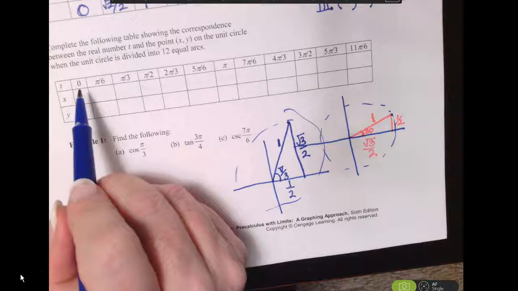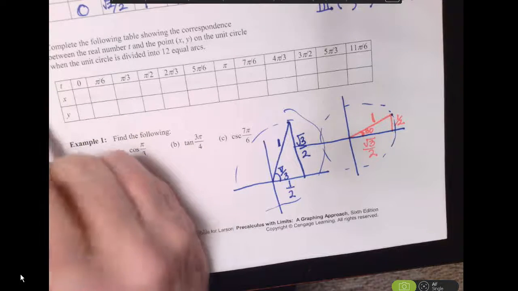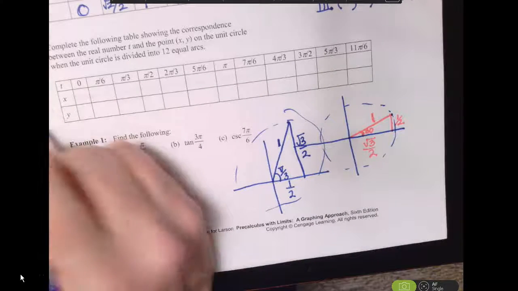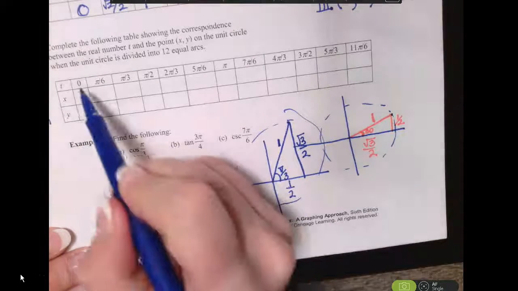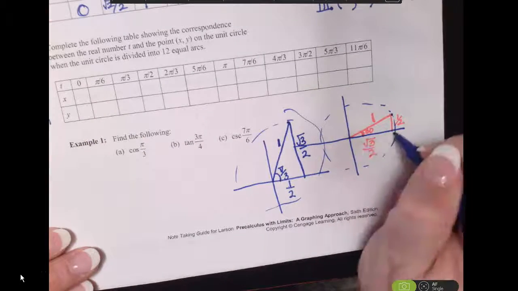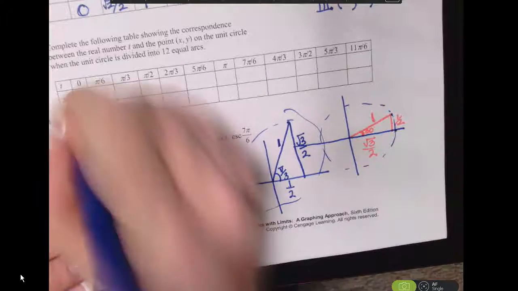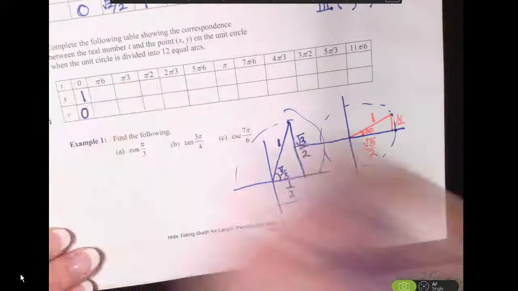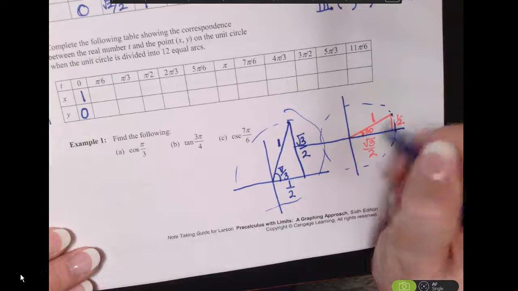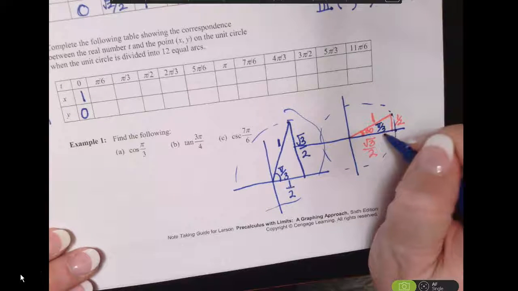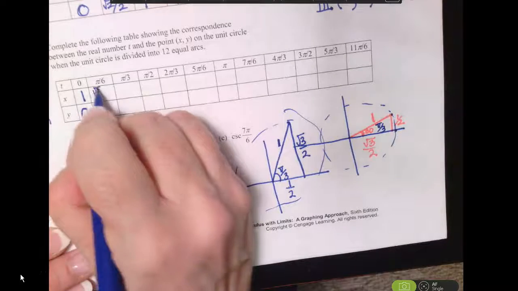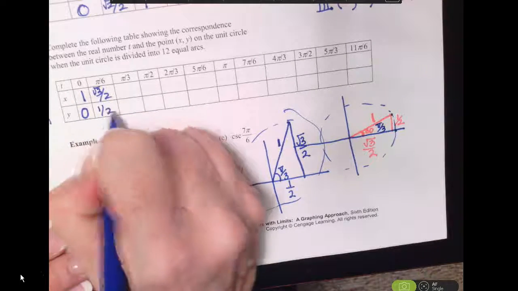And remember, x, the distance away from our comfy couch, is the cosine, and y is the sine. So at theta equals 0, I'm 1 away, but my screen height is 0. Now at pi over 6, which is equivalent to this 30-degree angle here, my x is radical 3 over 2, and my y is 1/2.